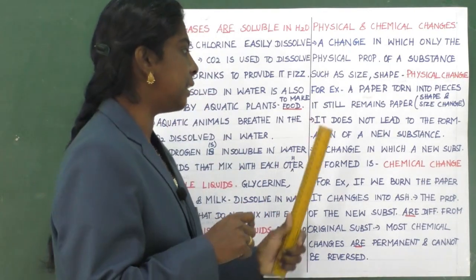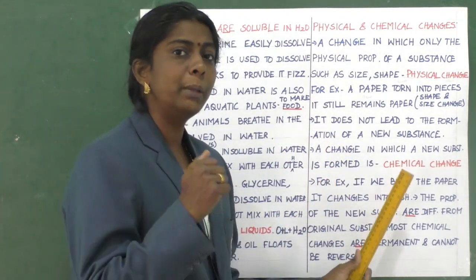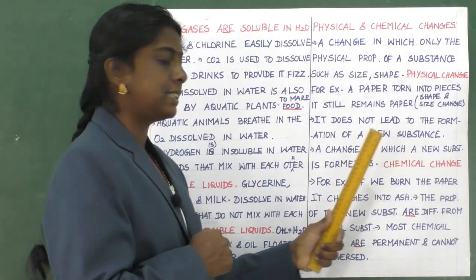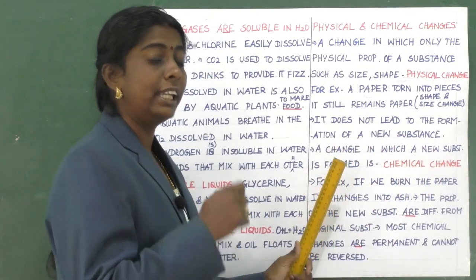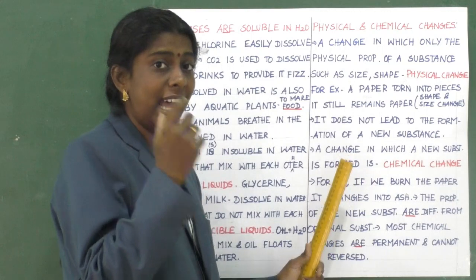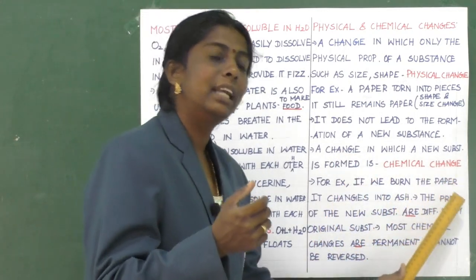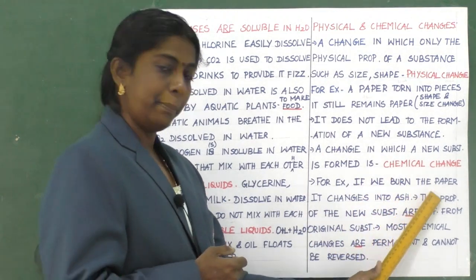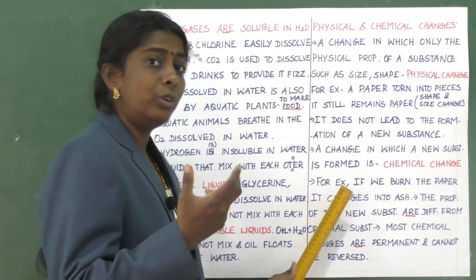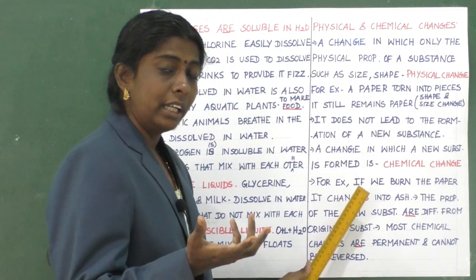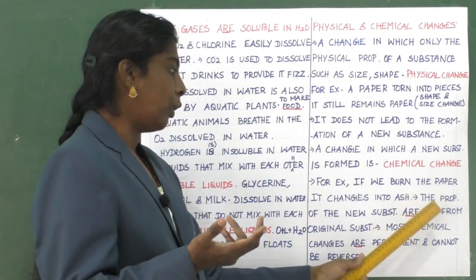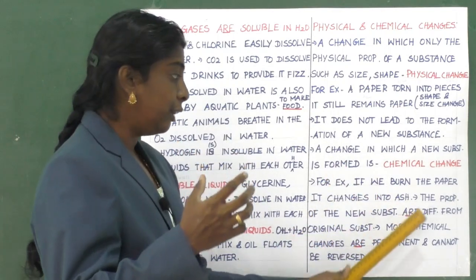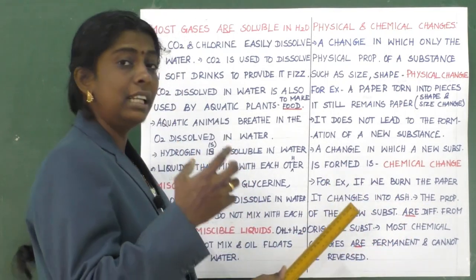Clear? Next thing is about chemical change. What do you mean by chemical change? A change in which a new substance is formed. When you get a new substance, then that change is said to be a chemical change. For example, if we burn the paper, it will change into ash. The property of the new substance, that is ash, is different from the original substance.